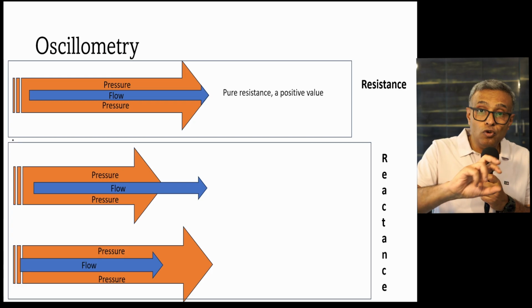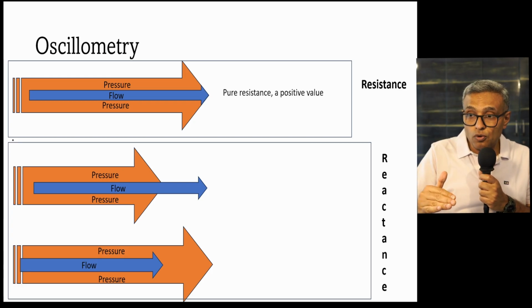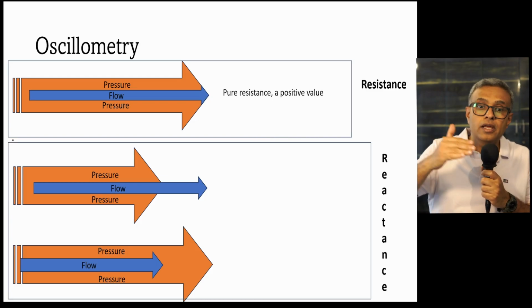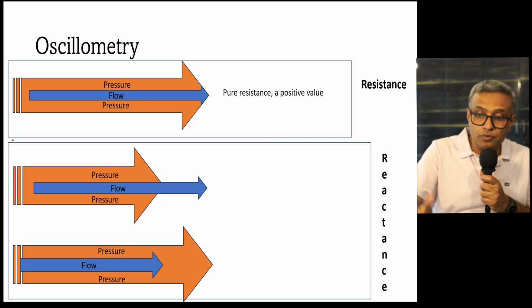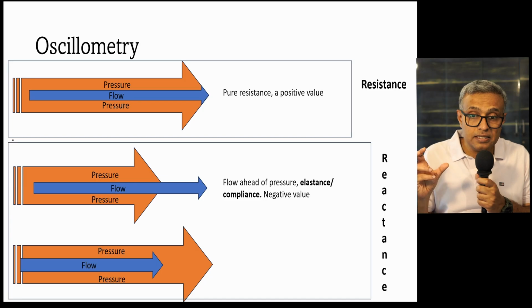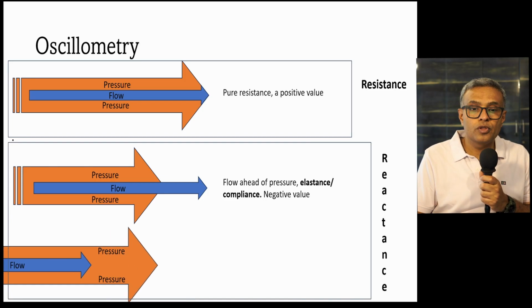Because you are measuring flow and pressure at different phases, if the flow is ahead of the pressure, it measures the elastance or the compliance, which is a negative value.